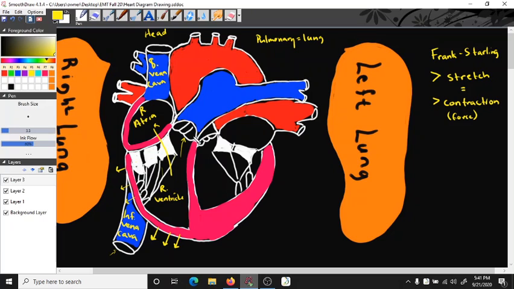So that should tell you where this leads to. It goes into the pulmonary trunk. And that trunk takes a left and a right turn, it bifurcates, and this goes into the right pulmonary arteries and the left pulmonary arteries.